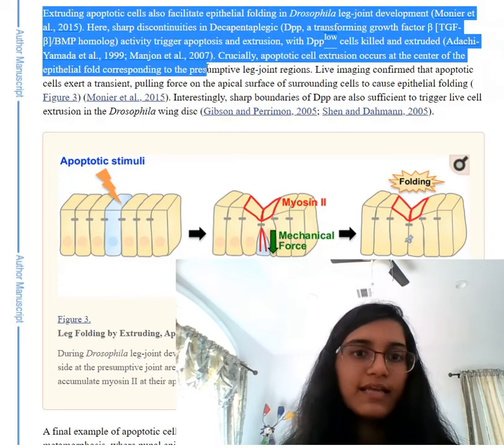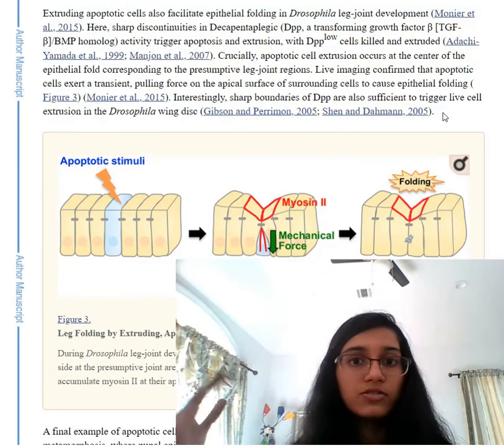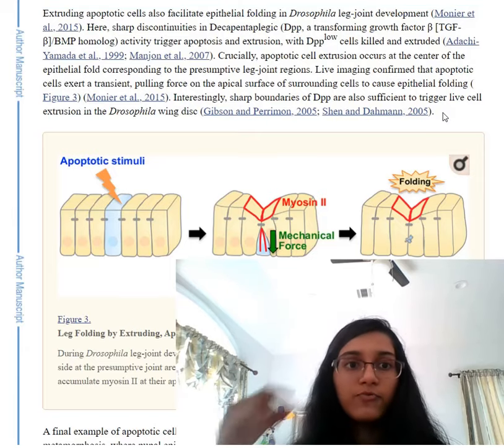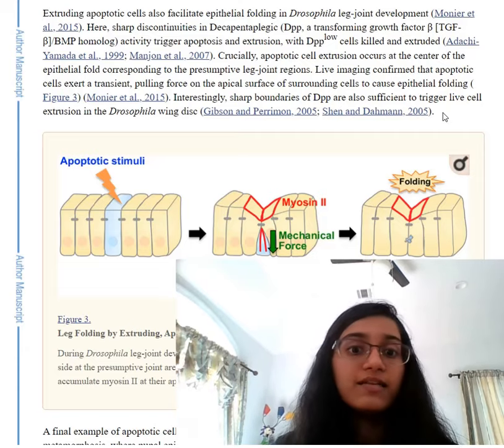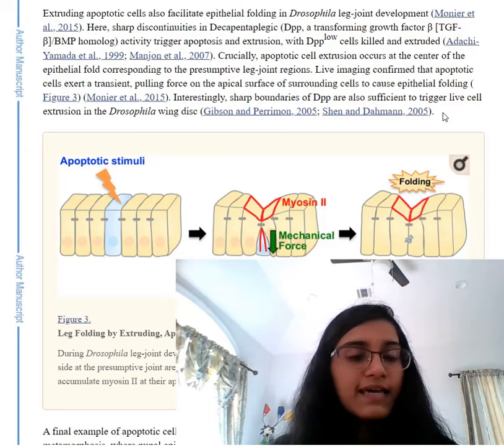And then in this next paragraph here, again, this goes back to the leg joint development that we saw in the diagram below. But let's read this paragraph because it does give us some new information that we didn't get from the diagram. They say that extruding apoptotic cells also facilitate epithelial folding in Drosophila leg joint development.